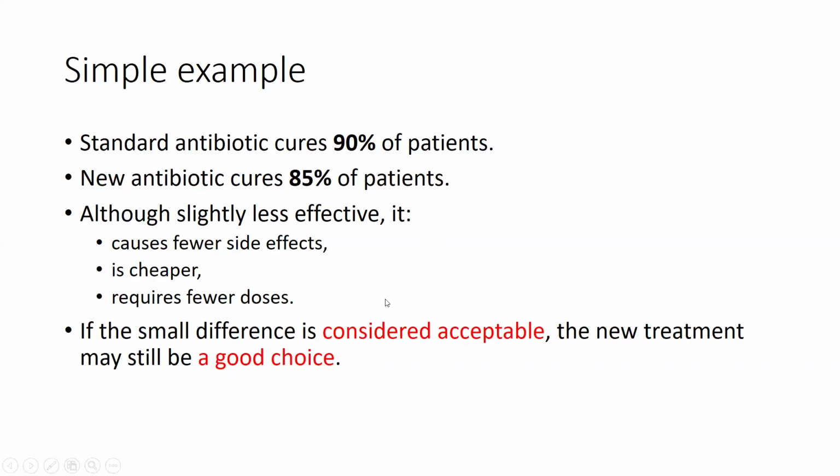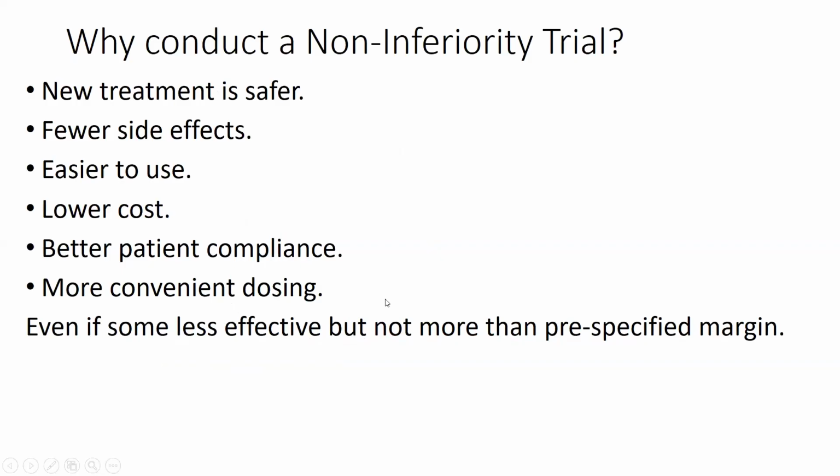Okay. So why are we conducting a non-inferiority trial? We know that the new treatment is less effective. It is somewhat worse, but not so much worse. The new treatment is safer, has fewer side effects, is easier to use, lower cost, better patient compliance, more convenient dosing. For example, nowadays there is a weekly insulin.